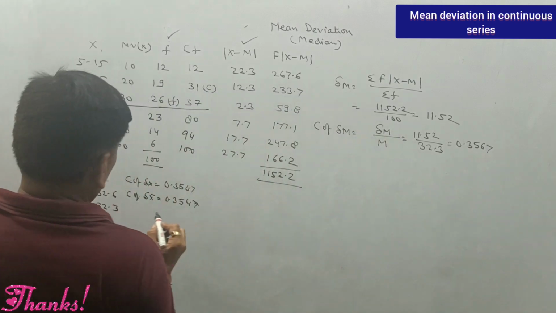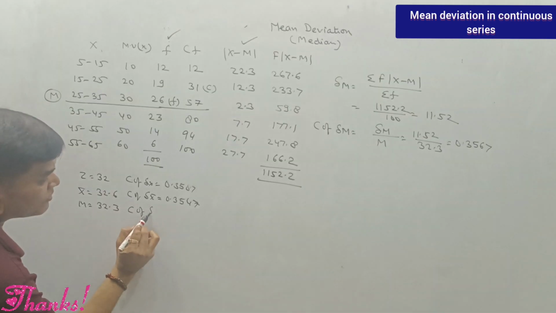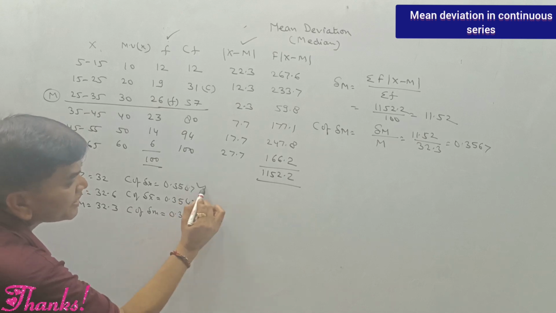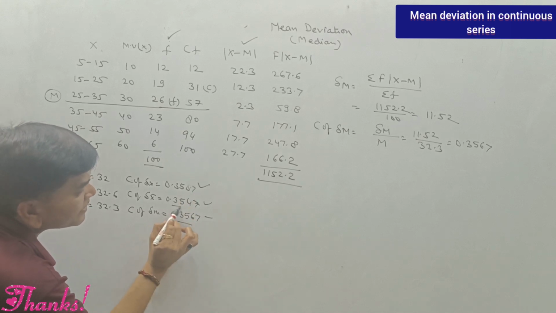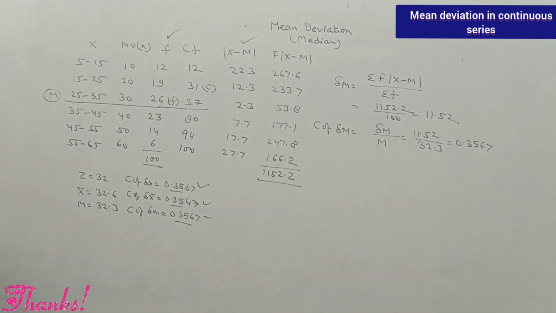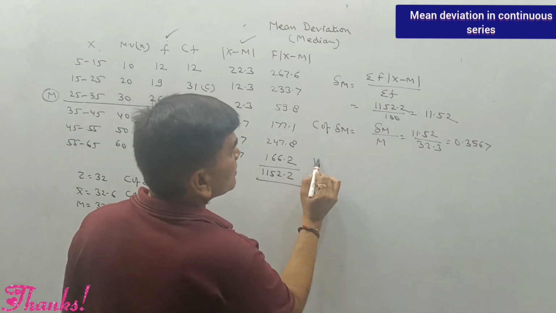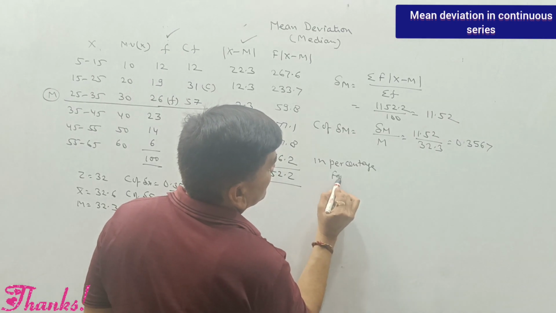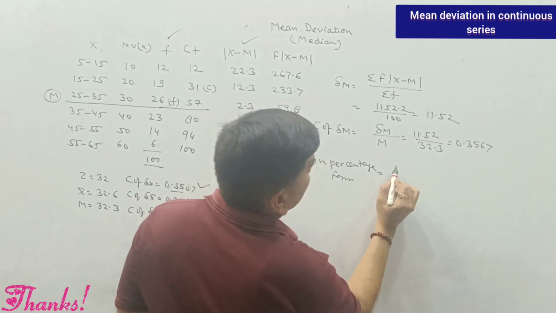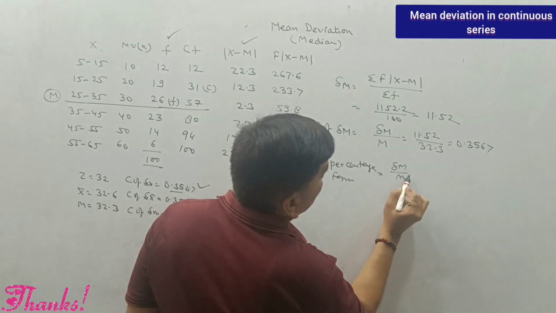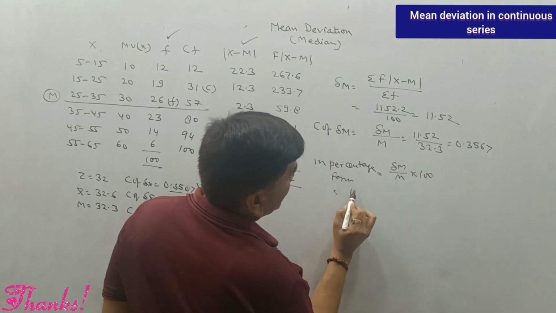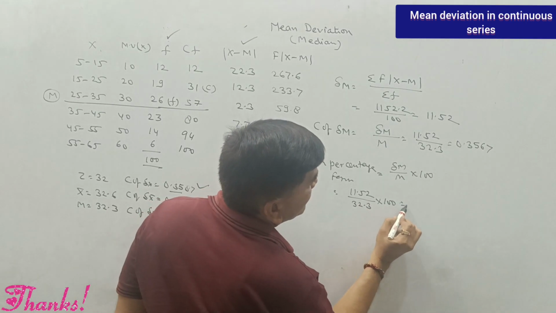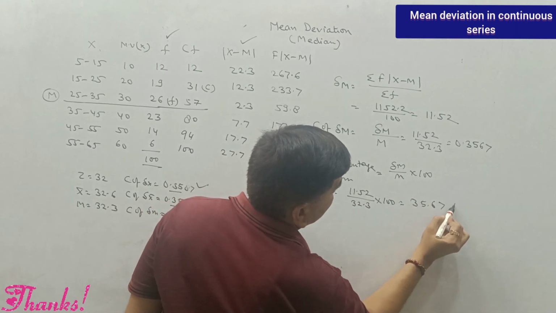So the coefficient of median is 0.3567. Here you can see all the values contain 0.35. In percentage form, that is delta m by m multiply by 100, 11.52 by 32.3 multiply by 100, that is 35.67%.